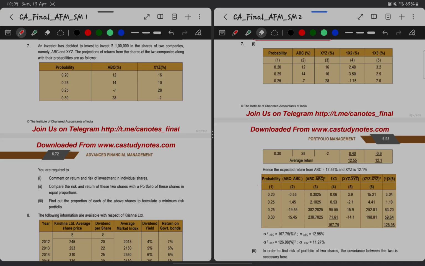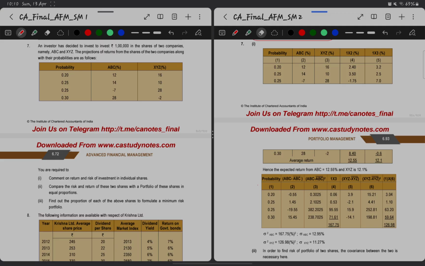Then the third requirement is to find out the proportion of each of the above shares to formulate a minimum risk portfolio. Which is nothing but, at what proportion if we invest in ABC and XYZ, will we get the least risk.